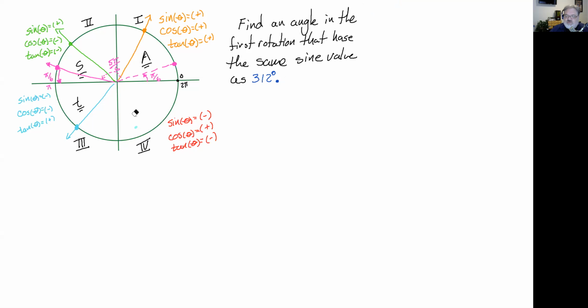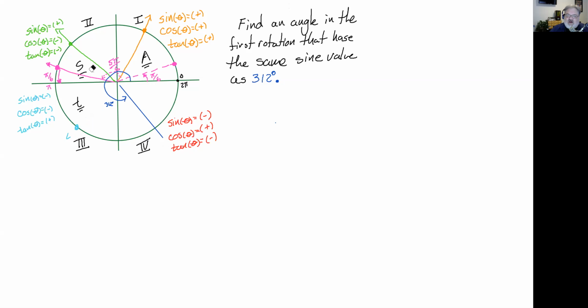Well, 312 degrees is down here in quadrant 4. Now, exactly where in quadrant 4 actually doesn't matter. I'm just going to draw it somewhere down here. That's where our angle is. So this angle is 312 degrees.